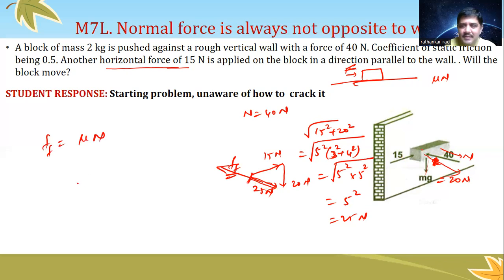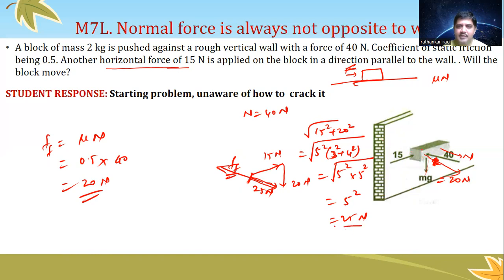So let us find the threshold frictional force. This should be equal to, what is mu? 0.5. What is N? N is already 40. So it should be equal to 20 Newton. Which means until 20 Newton, the friction is able to resist, and the object will not slide down.